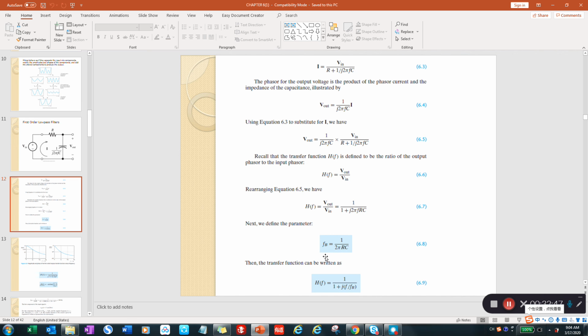Then we define fB, the break frequency, equal to 1 over 2 pi RC. You can see if we define fB like this, then the transfer function can be written as 1 over 1 plus j f over fB.